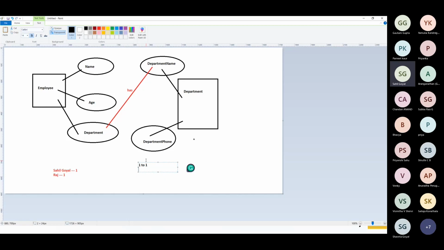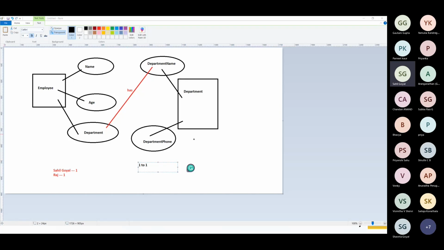One employee cannot link to multiple departments. Based on this cardinality, the direction of the flow of the data is also going to get decided. Plus, when you have to join the tables or define the relationships, this is going to help you.